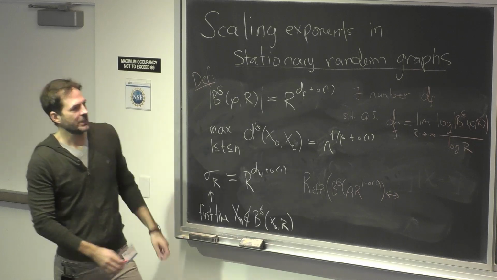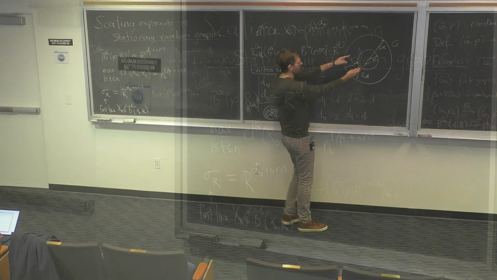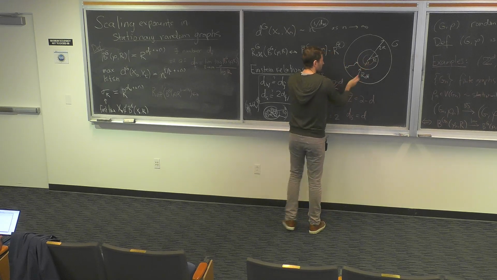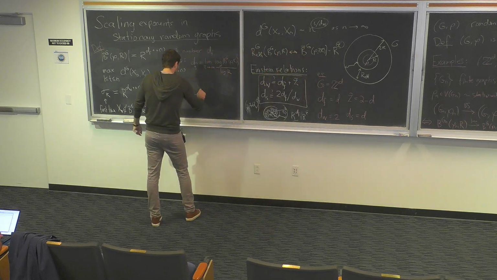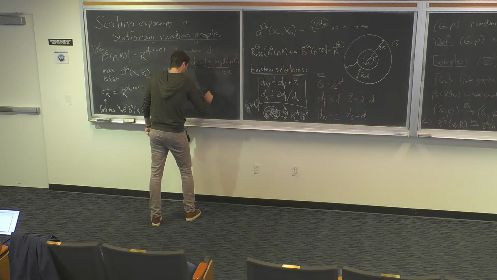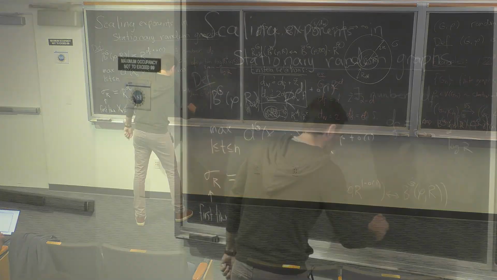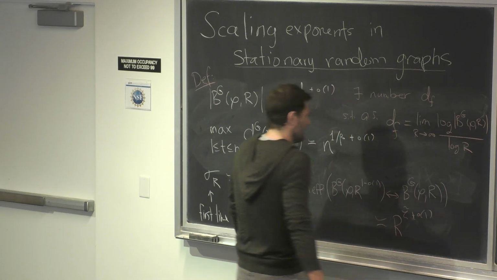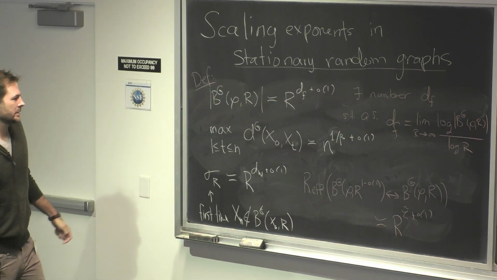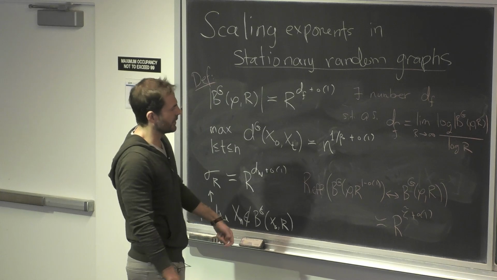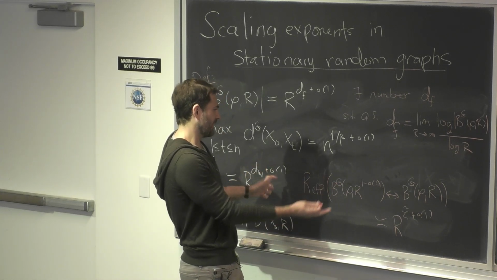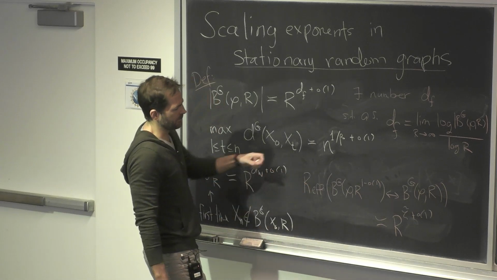So this inner radius, I'll allow that it can be smaller by some subpolynomial factor. Okay, but the same idea. Take this at an intuitive level, and there's a concrete statement behind it.